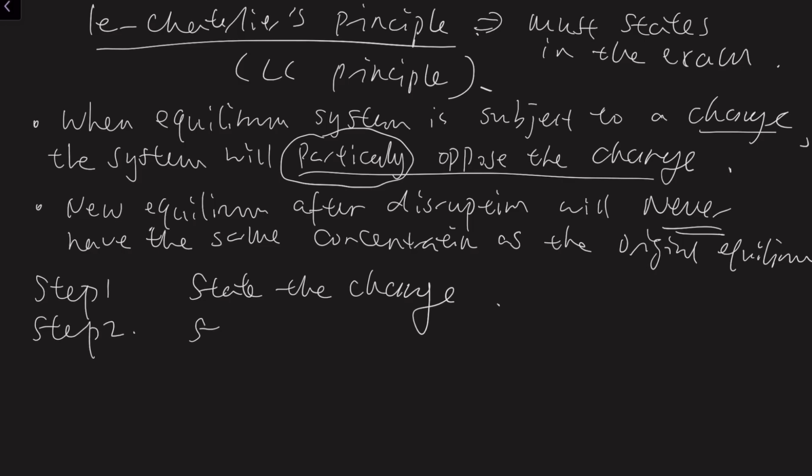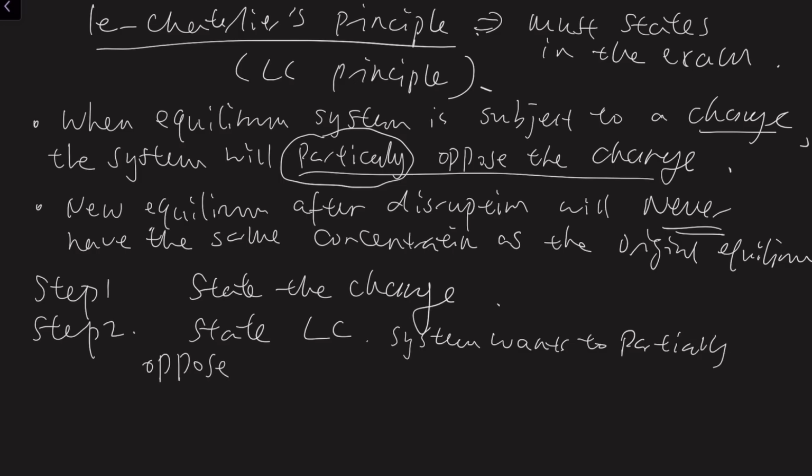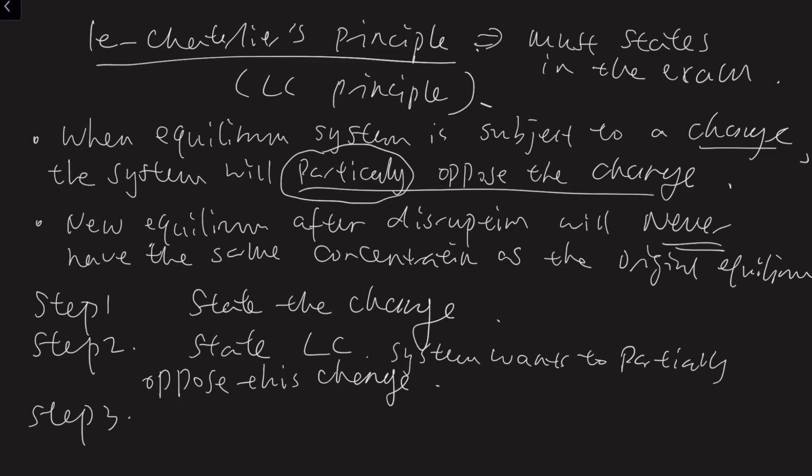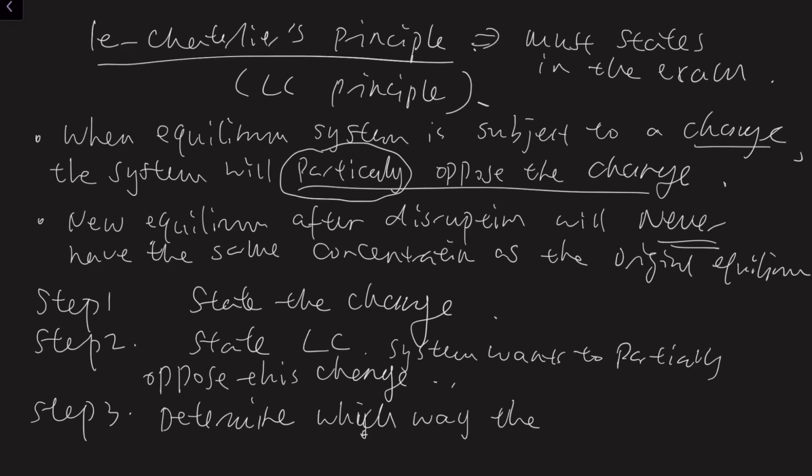Step 2, you need to state Le Chatelier's principle and say the system wants to partially oppose this change. Step 3. So in this case, since we have added A, the system wants to reduce A. Determine which way the reaction would move.